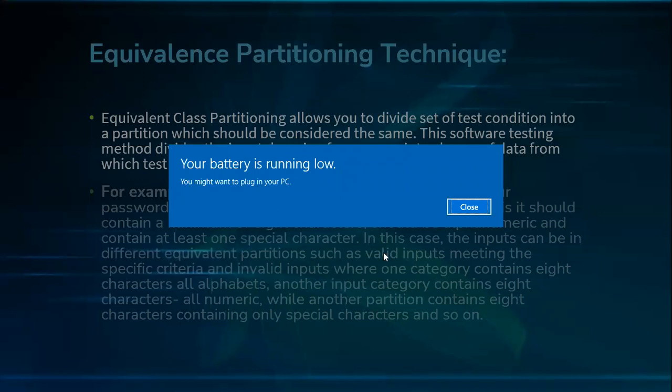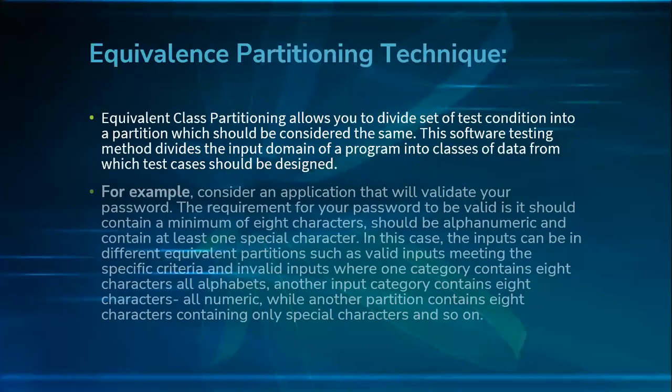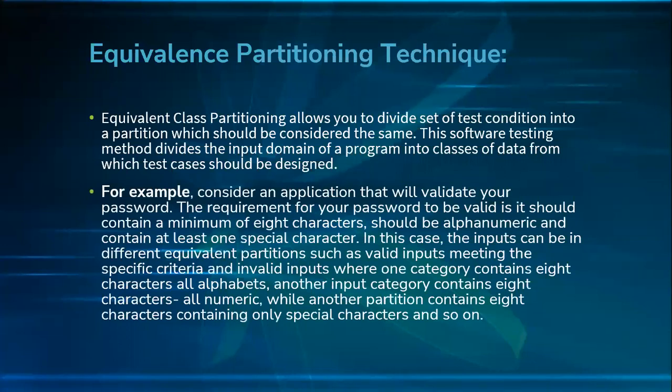An example is, first, let's consider an application that validates a password. We are used to password login. We are used to the website functionality. So the requirement is that for your password to be valid, it should contain a minimum of 8 characters. Note, 8 characters.